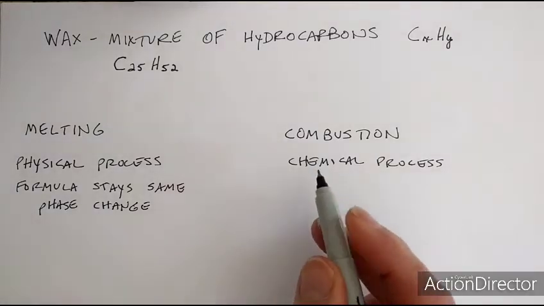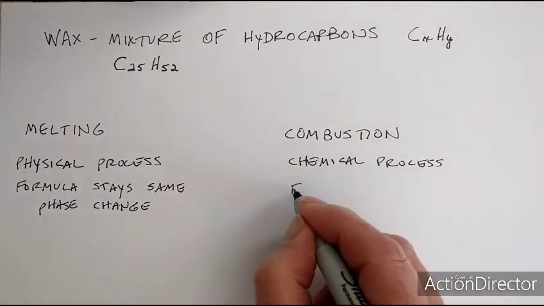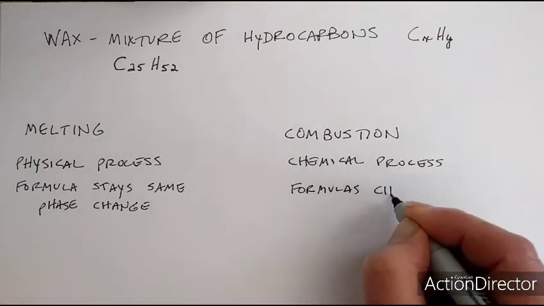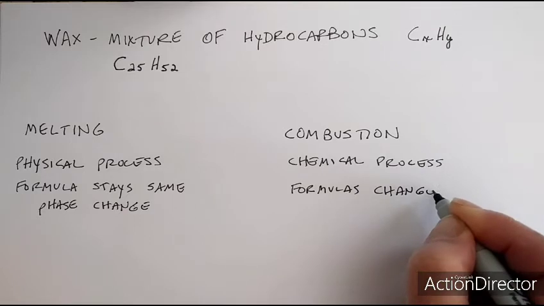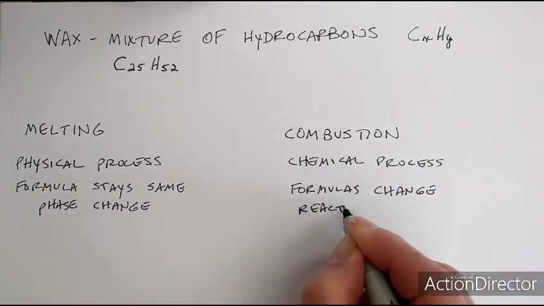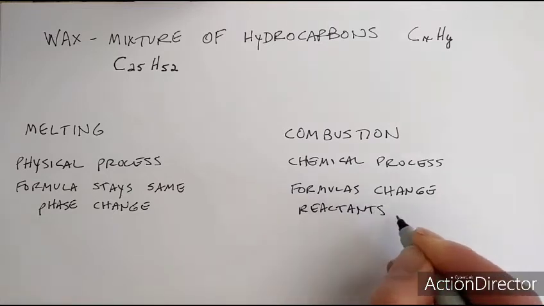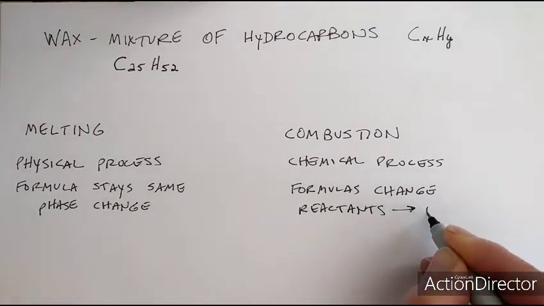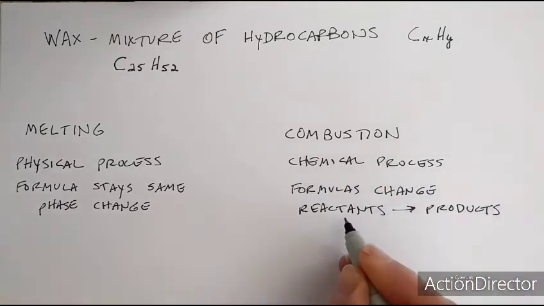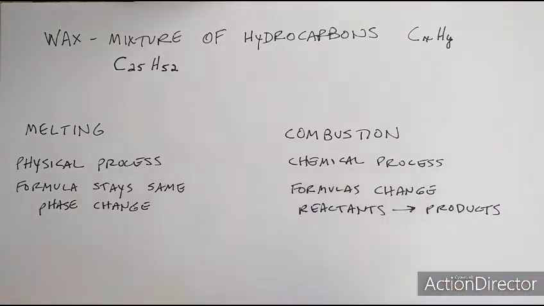When we have combustion, the formulas change, because we have our reactants being turned into new products. The formulas of the reactants are different from the formulas of the products.